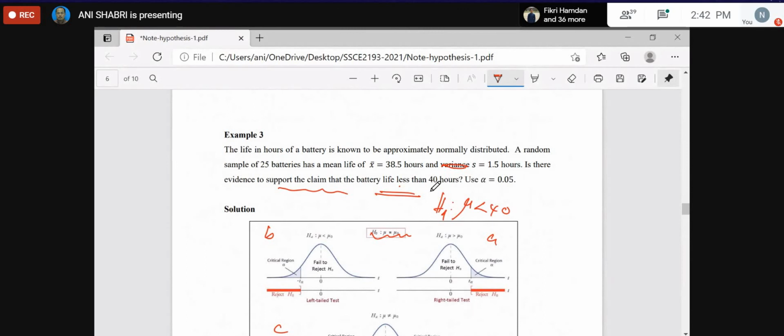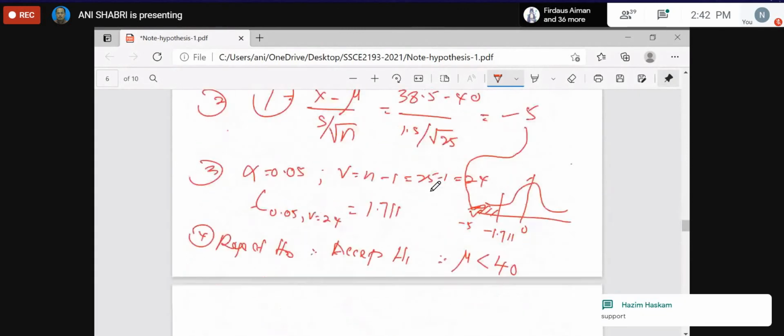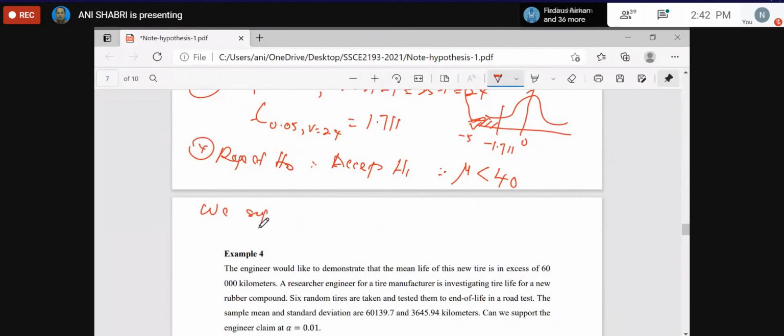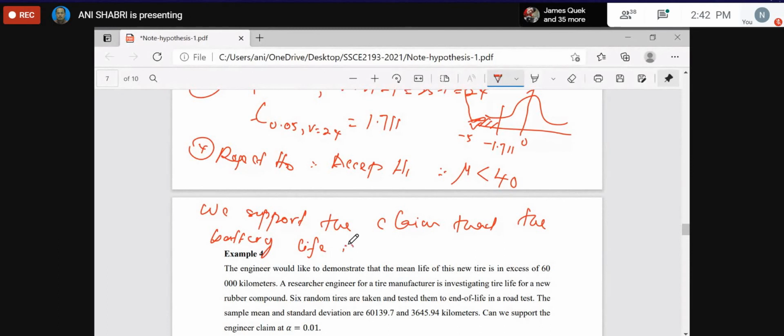We support it; the answer is the same, and we support the claim. The battery life is less than 40. Okay, try example 4.